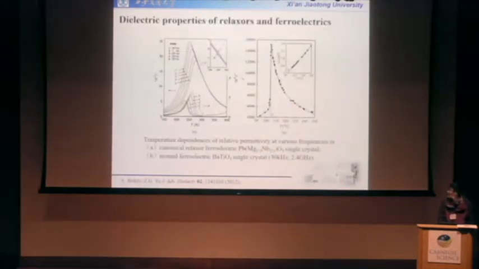Depending on the dielectric properties of ferroelectrics, they can be divided into two kinds of materials. One is called relaxor ferroelectrics, and the other is normal ferroelectrics. From this picture, we can see that the normal ferroelectric BTO owns a critical temperature, while for relaxors there is no significant first-order transition. Secondly, the dielectric properties are much different.